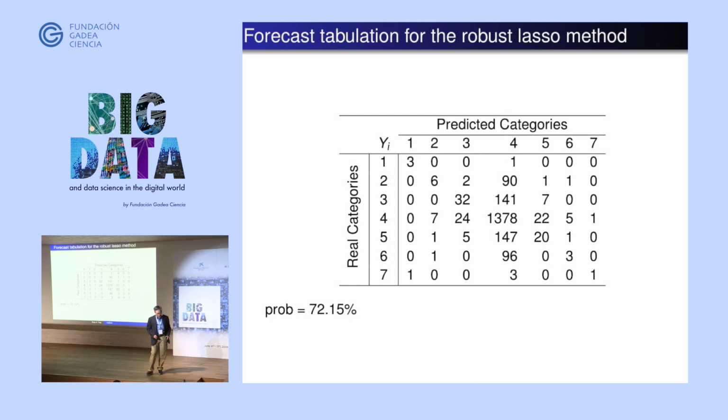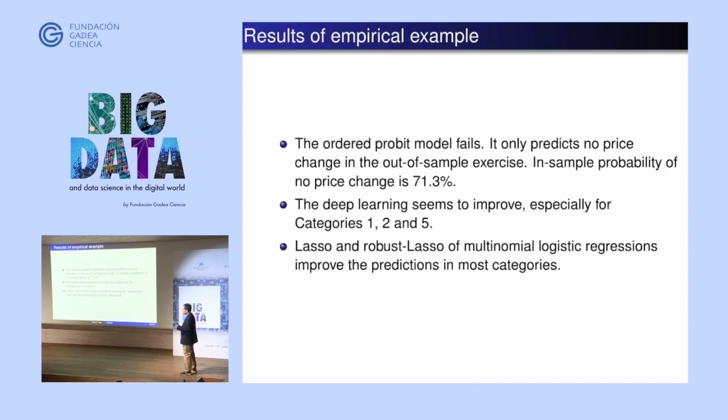So that probably tells you the general linear model can be applied to dependent data, and you have some applications. In this particular example, based on my experience, the ordered probit model failed. It only predicts no price change. In reality, there are price changes of different kinds.